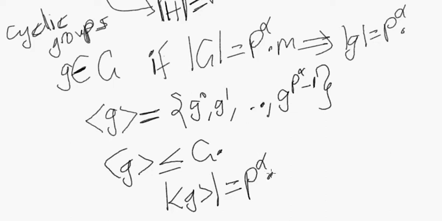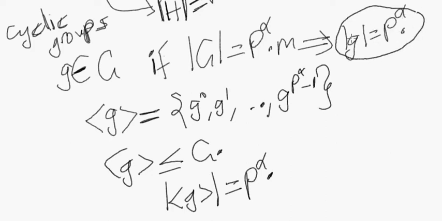Alright? So then, haven't we just found a subgroup of order p to the alpha in G, of order p to the alpha times m, if we are guaranteed that there exists some element little g of the group G such that the order of g equals p to the alpha?